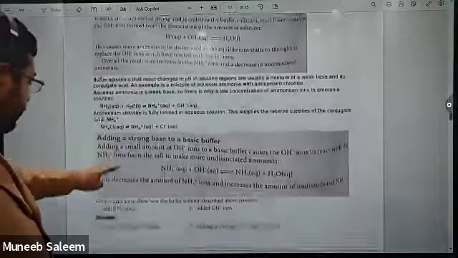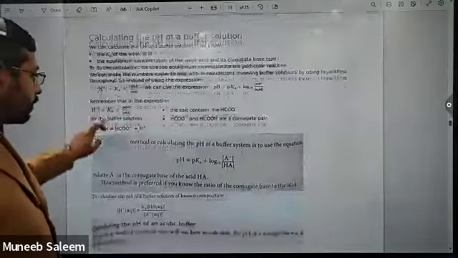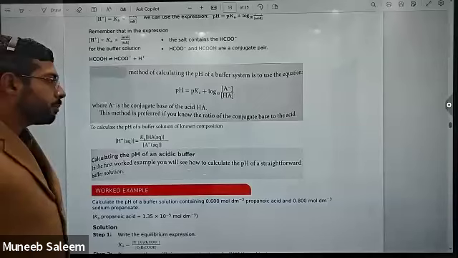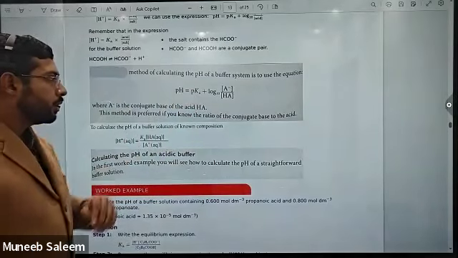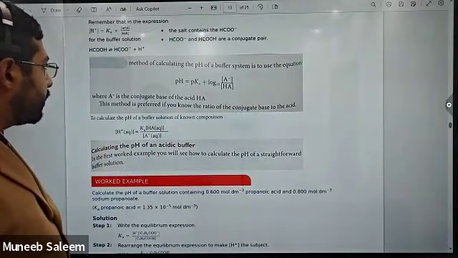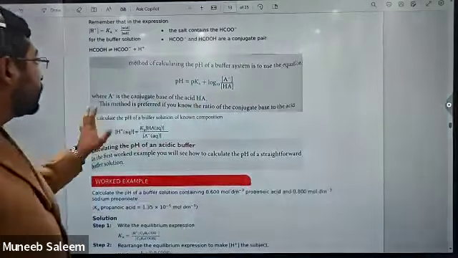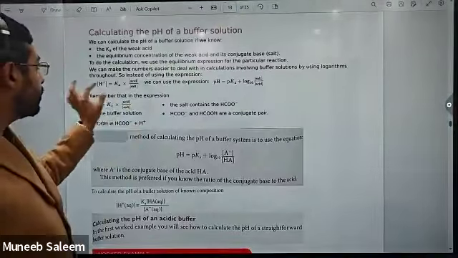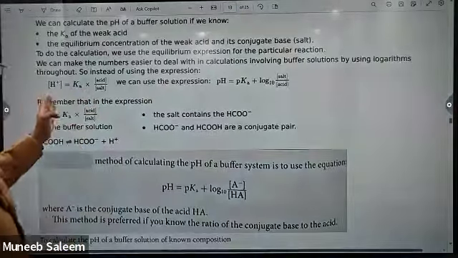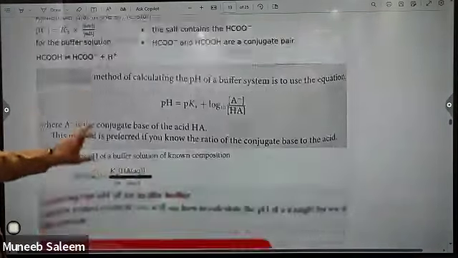We did the basic buffer and the acidic buffer, and also calculated the pH of the buffer solution using this formula. This formula indicates that pH is equal to pKa plus log of anion divided by acid, or in other words, you can also use this formula that H+ is equal to Ka into acid over salt.